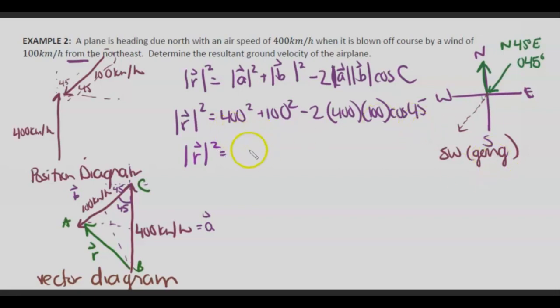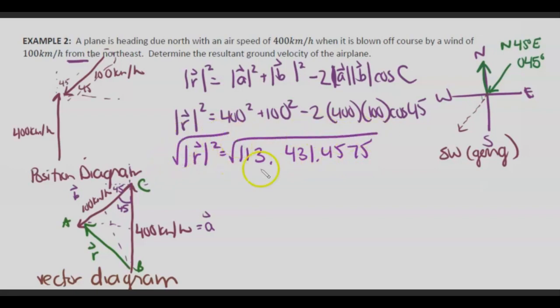Make sure you're in degree mode. So I get 113,431 and then a bunch of decimals. The magnitude of vector r, the resultant, is going to be the square root of this number, and I get 336.8. So let's just round to 337.